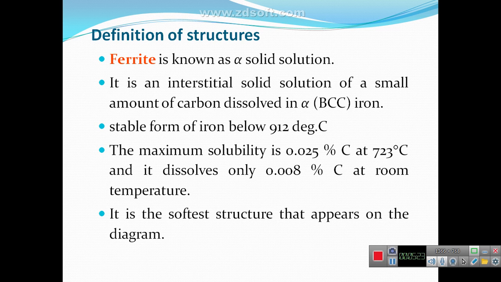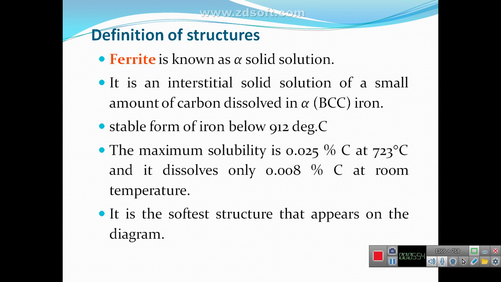Ferrite is an alpha solid solution. It is an interstitial solid solution of a small amount of carbon dissolved in alpha BCC iron. It is the stable form of iron below 912 degrees Celsius. The maximum solubility is 0.025% of carbon at 723 degrees Celsius, and it dissolves only 0.008% of carbon at room temperature.